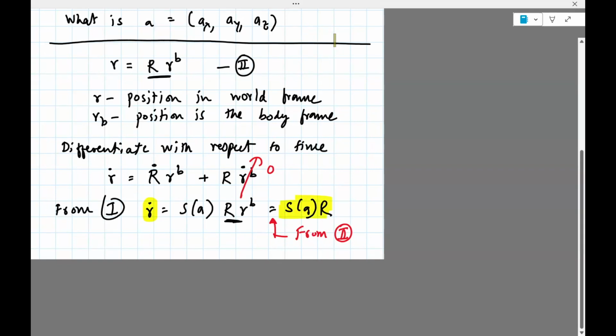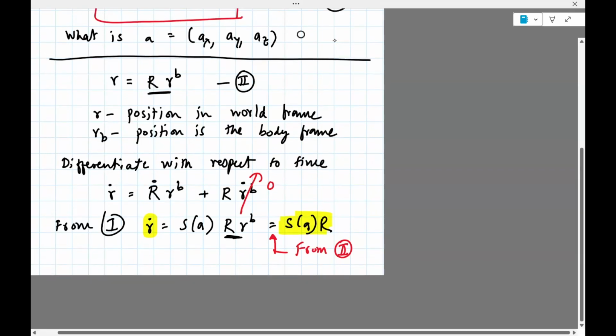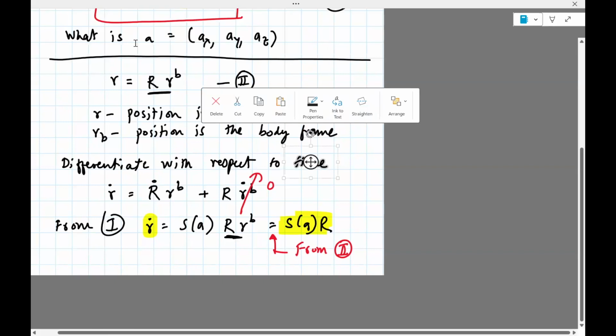Let me take that and show you something. We have an expression for R dot.